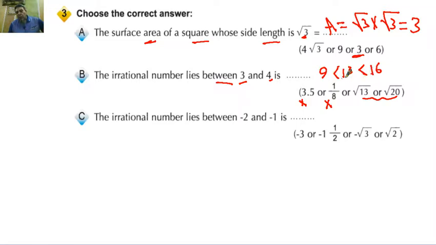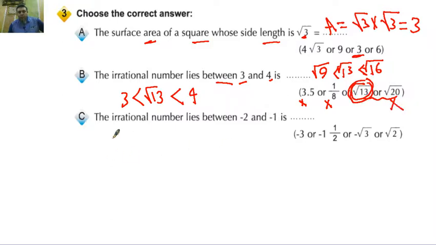Taking positive square roots of 9, 13 and 16: square root of 9 equals 3, square root of 16 equals 4. Then square root of 13 is greater than 3 and less than 4. This is the answer: square root 13, not square root 20.